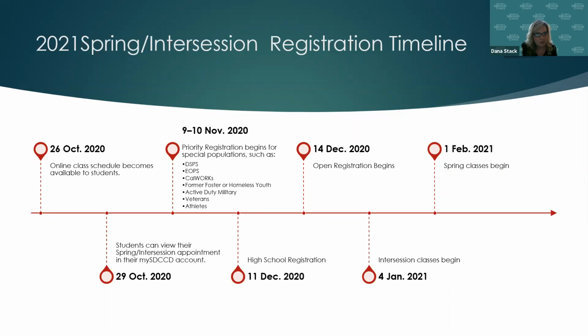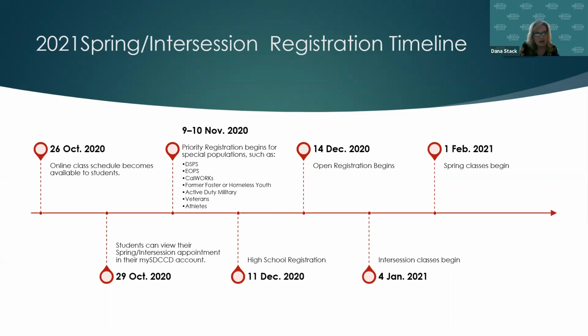Then on October 29th, students will be able to view their registration appointment in their MySDCCD account. That's their student portal where they can view it. It will be emailed to them as well. November 9th and 10th, we have priority registration for our special populations that qualify.